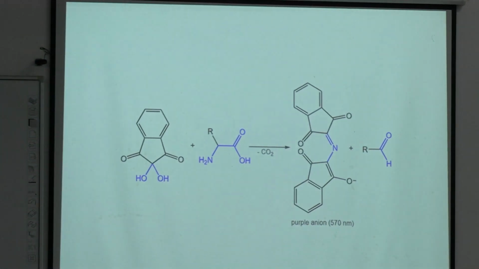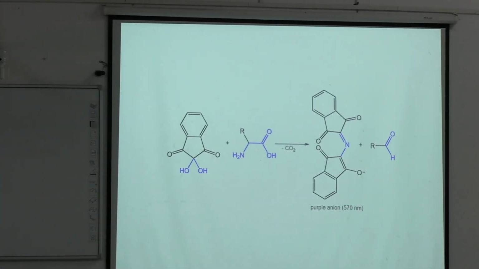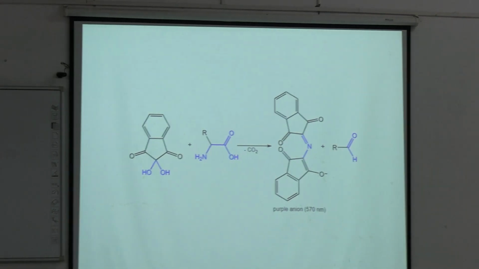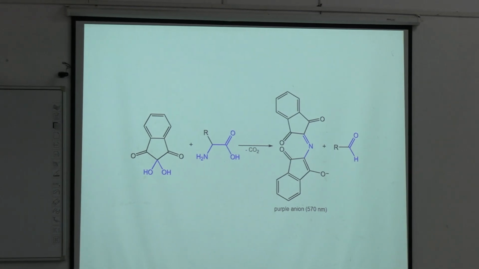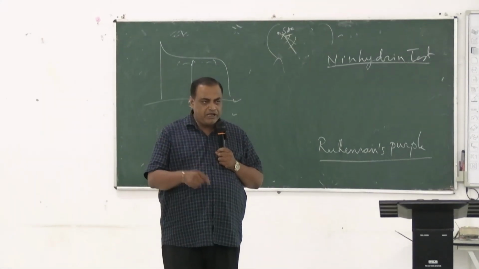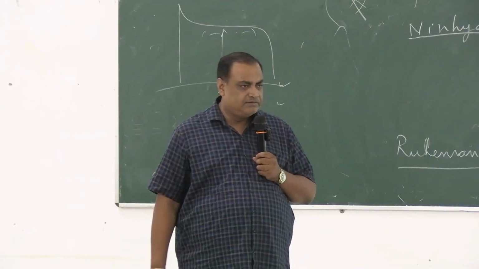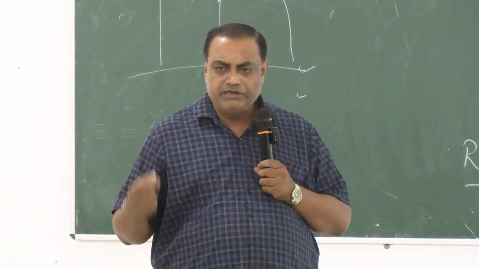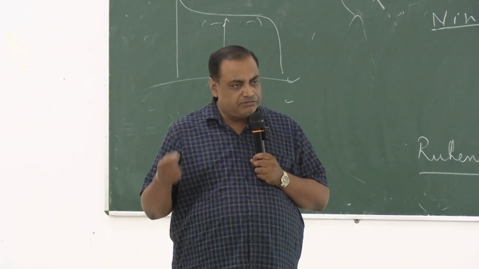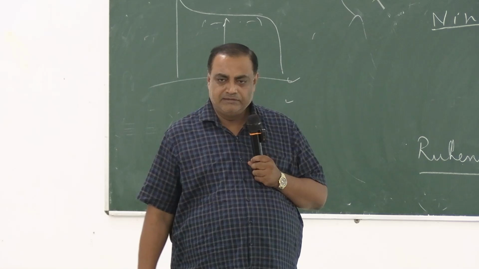The ninhydrin reaction takes place with the free amino group. Can it react with a peptide? Yes, because a peptide too has a free amino end, but the number of free amino ends compared to free amino acids is very, very less, 1 in 100, 1 in 1000. So the color will also be 100 or 1000 times less.